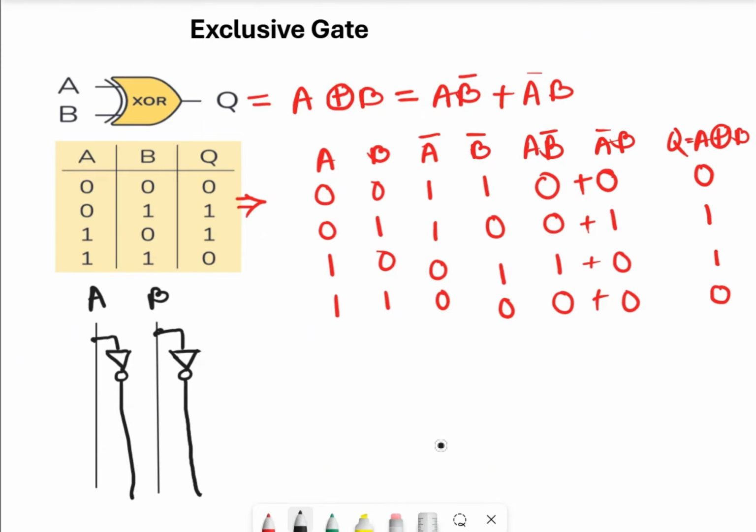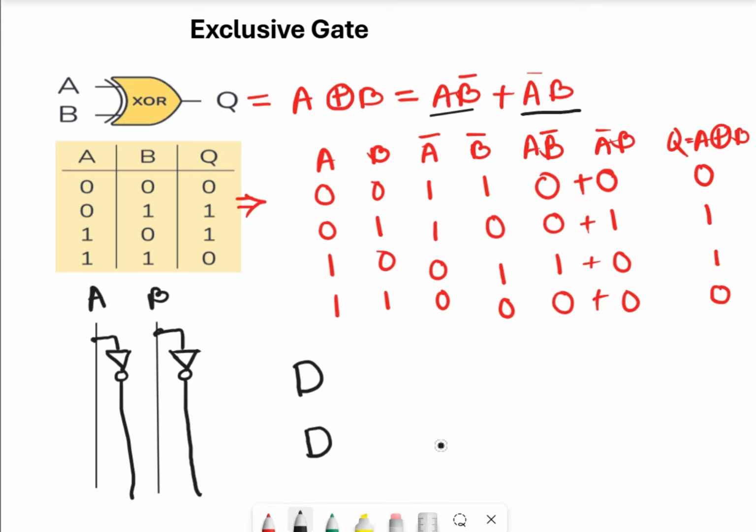And then, of course, we have to have two AND gates because here A dot B bar and A bar B. So here two NOT gates, and AND gates. Here is one AND gate, another one is here. AND gate means multiplication.